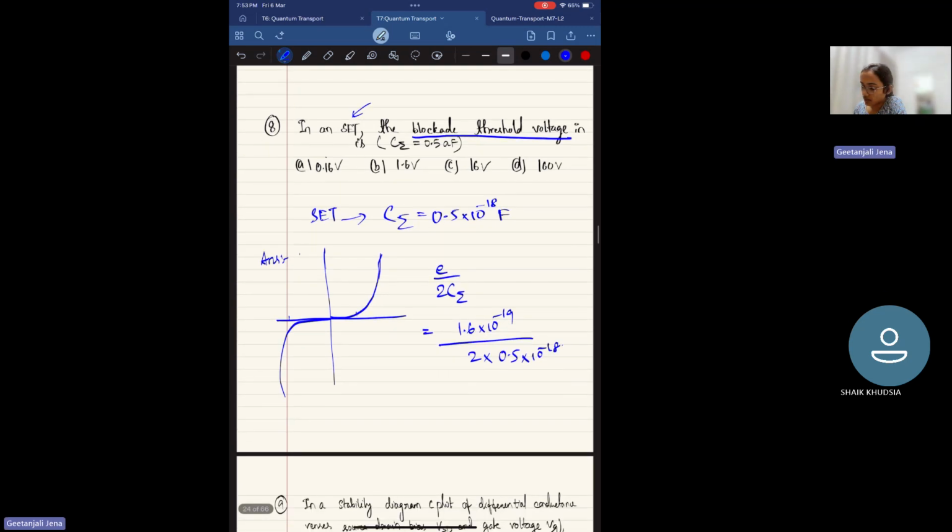I think it will come around 0.16. Yes, 0.16. Option A.